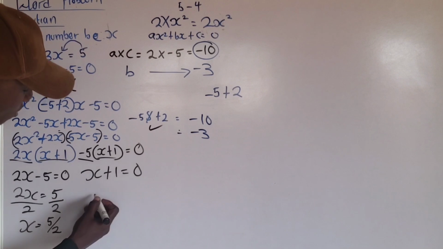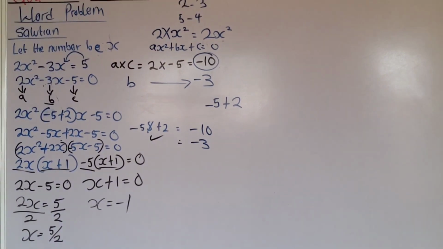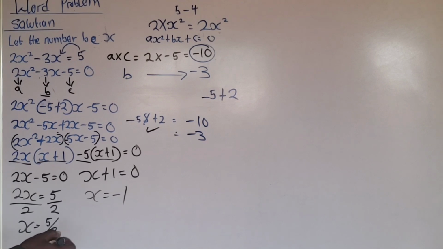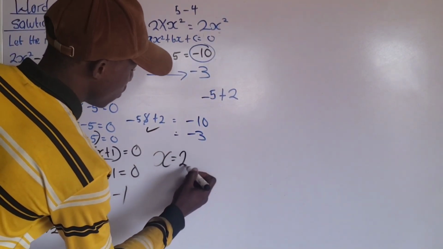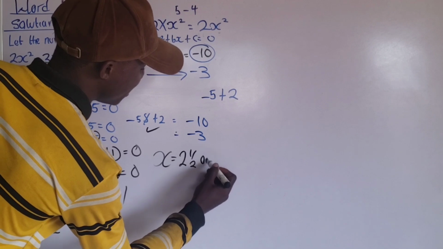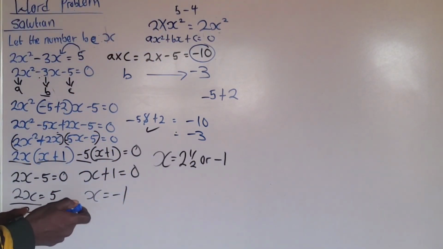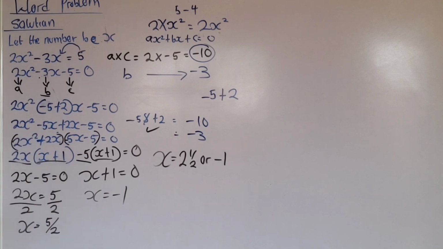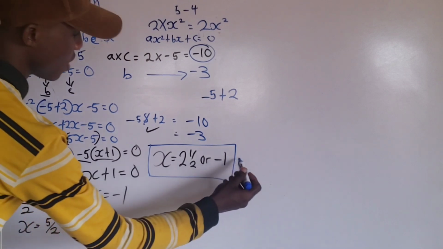Now let's deal with the second part. x equals -1. So the solution to that question is x equals 2 and 1 over 2, or -1. That is the number that we are asked to determine. So if you got this, you are correct.